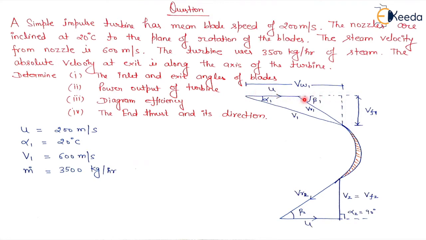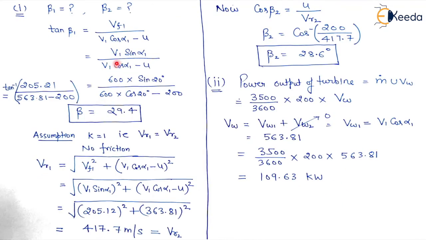I am considering this triangle. This is a right angle triangle. So VF1 divided by V1 cos alpha 1 minus U, that is perpendicular divided by base, is equal to tan beta 1. From this equation, V1 is given 600, alpha 1 is given 20, so tan beta 1 is equal to 600 sin 20 divided by 600 cos 20 minus 200.